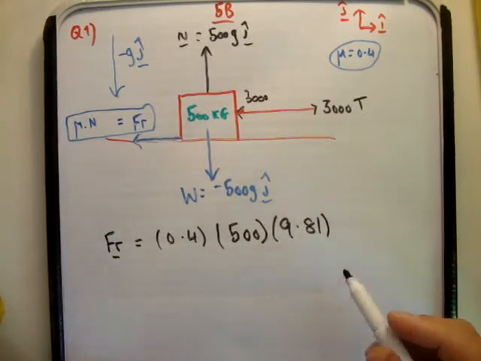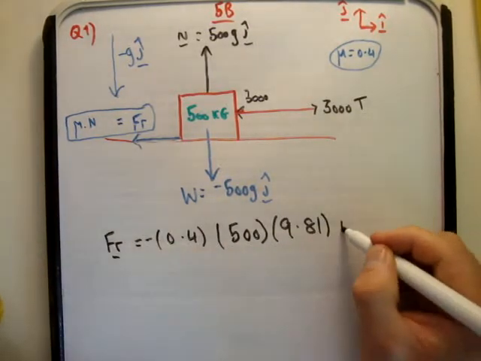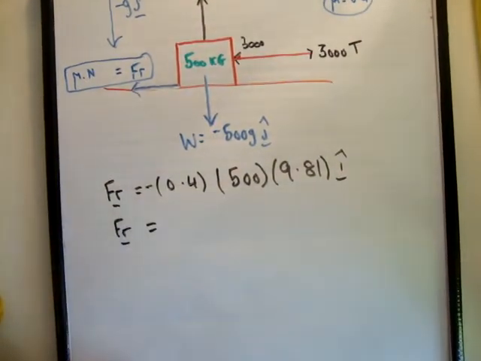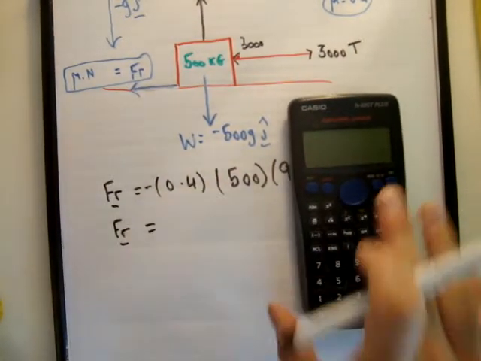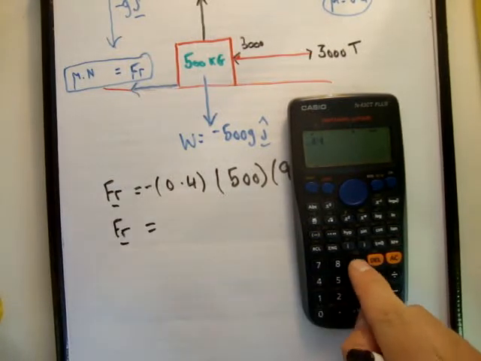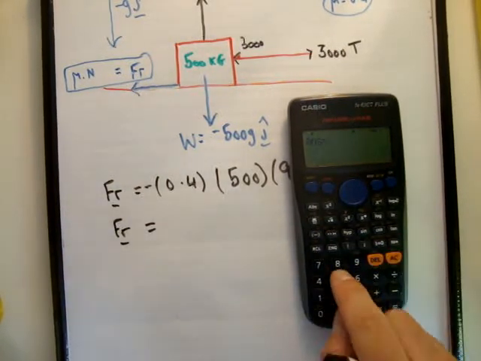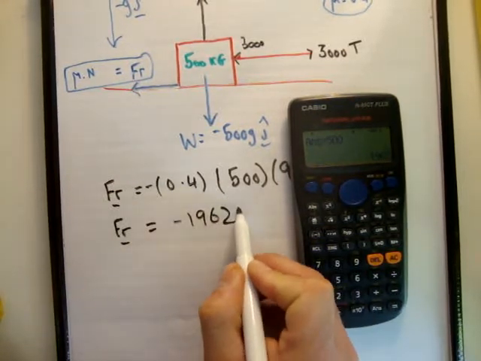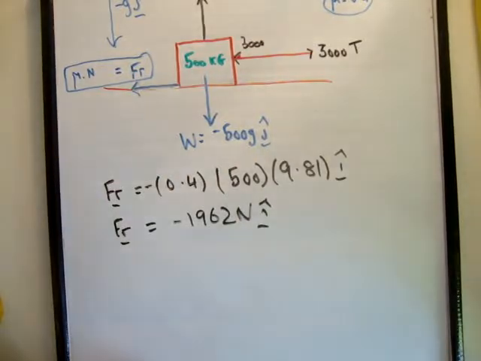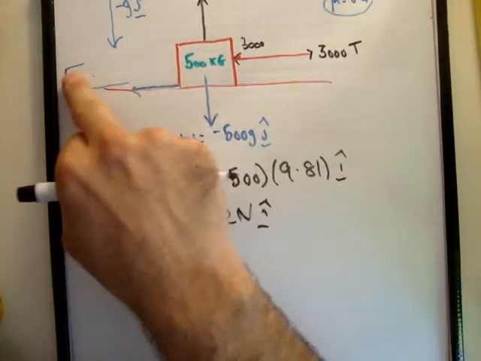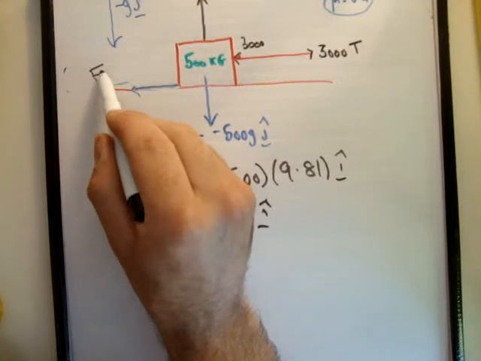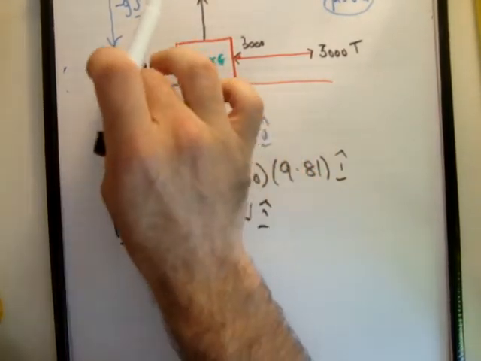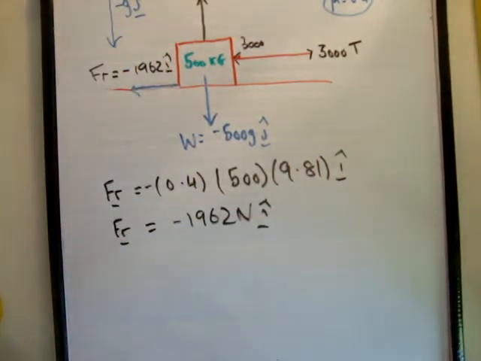It's going to be in a negative i-hat direction. We plug it into our calculator, 0.4 multiplied by 9.81, multiplied by 500, and we get negative 1962 newtons in the i-hat direction. So the frictional force is equal to negative 1962 i-hat. That's pretty straightforward.